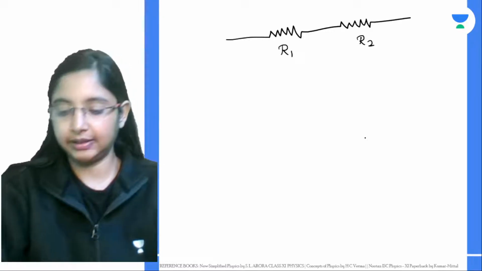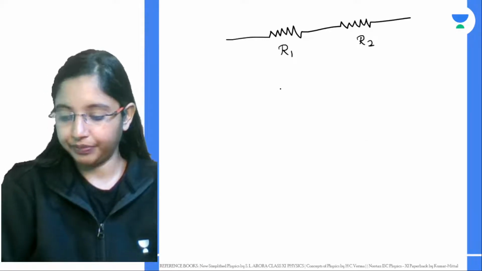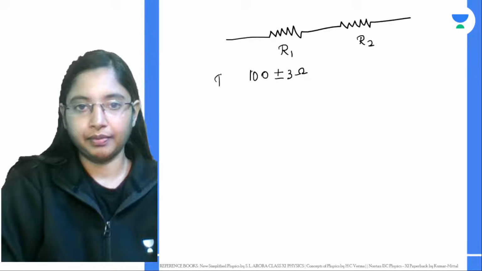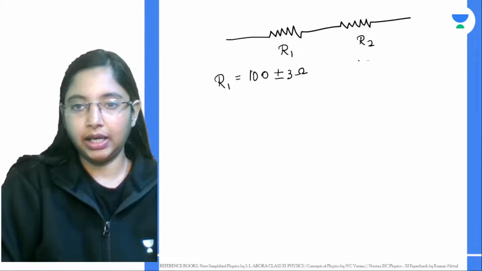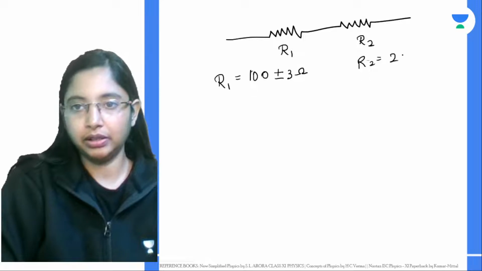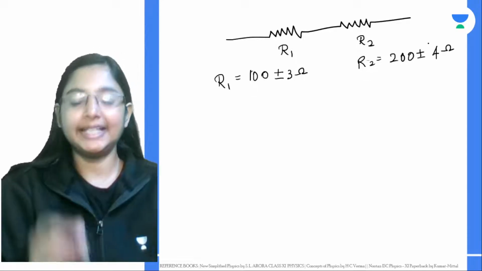Now the resistance value for the first one, R1, is around 100 plus or minus 3 ohms, and R2 is around 200 plus or minus 4 ohms. They are connected in series.